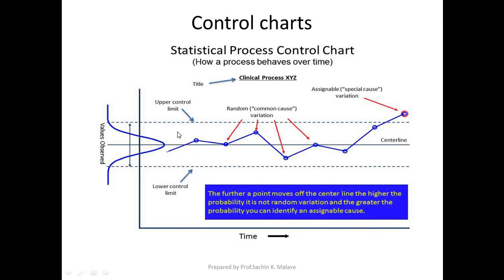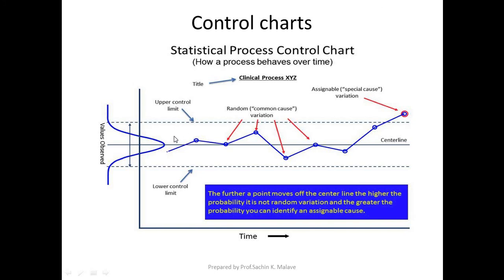Some of the variations will be in your control, some will not be in your control. So some amount of variation is always permitted. Remember this: some amount of variation is always permitted in any manufacturing process.